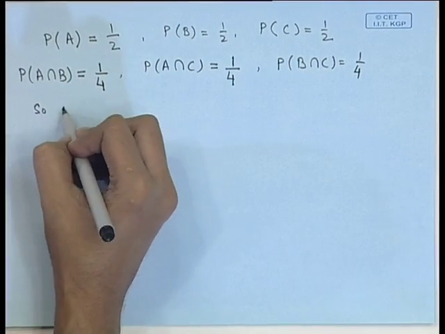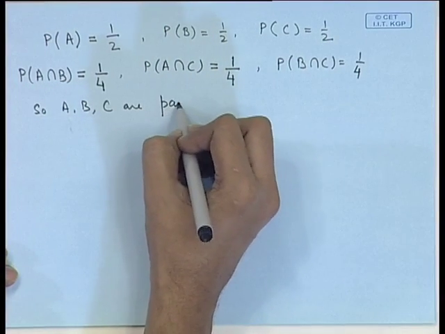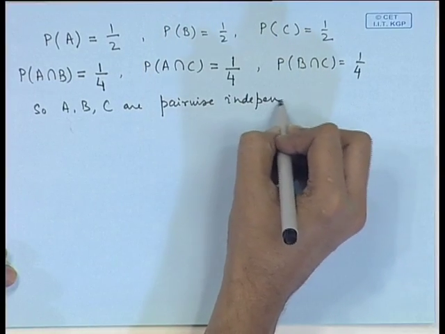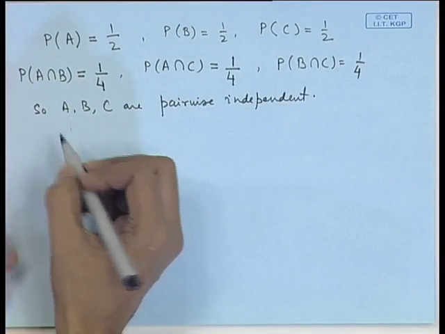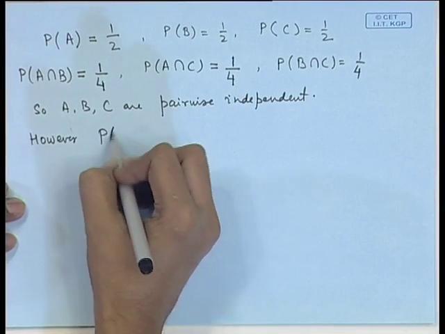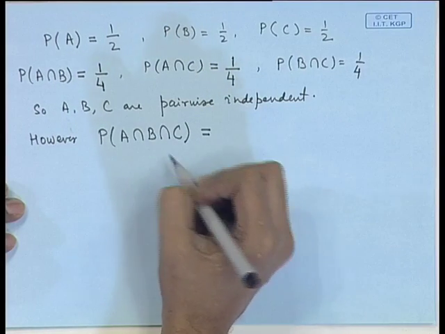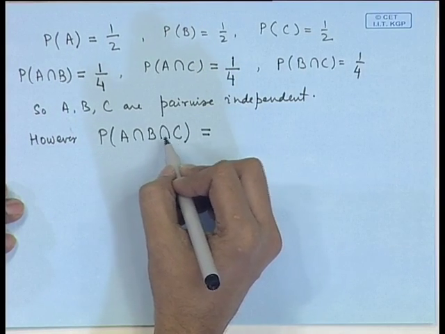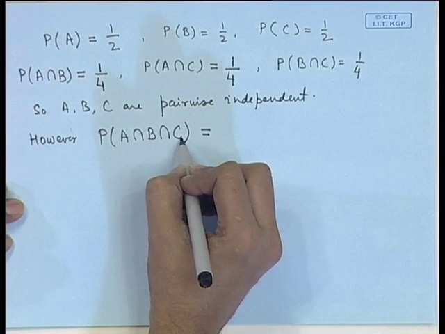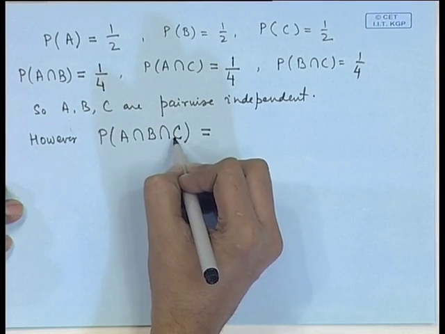So, A, B, C are pairwise independent. However, if we look at probability of A intersection B intersection C, then if we have odd number on the first die, odd number on the second die, naturally the sum will be even, and therefore, there is no case where A intersection B intersection C is satisfied.